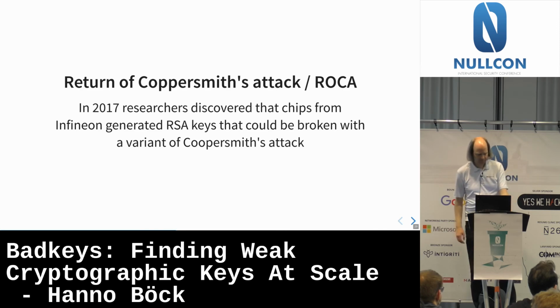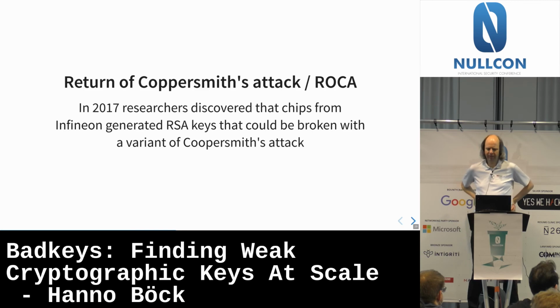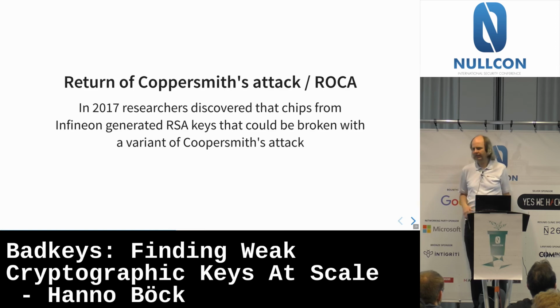Yeah. Then there was a vulnerability, a return of the Coppersmith attack, in 2017. I'm not going to go into the details of that because it's heavy math and I also don't understand it. But Coppersmith's attack is one of the classic attacks against RSA, and they found apparently that some chips from Infineon generated RSA keys with a pattern that they could use to attack them.